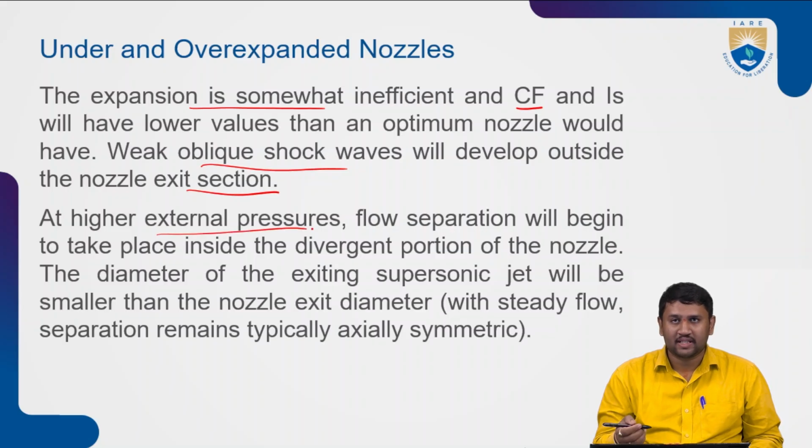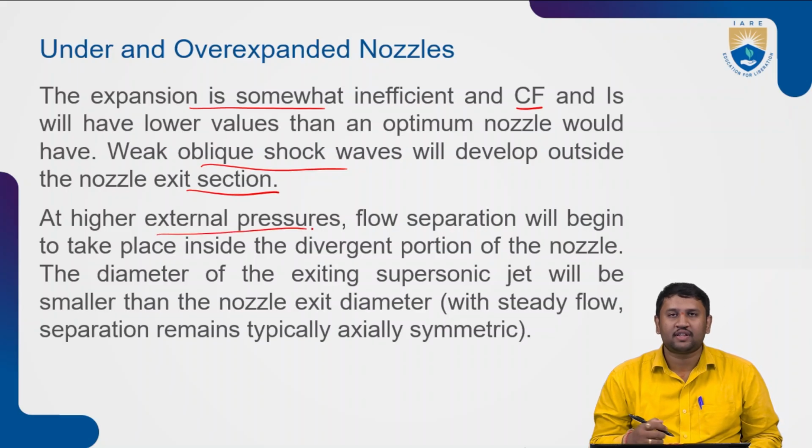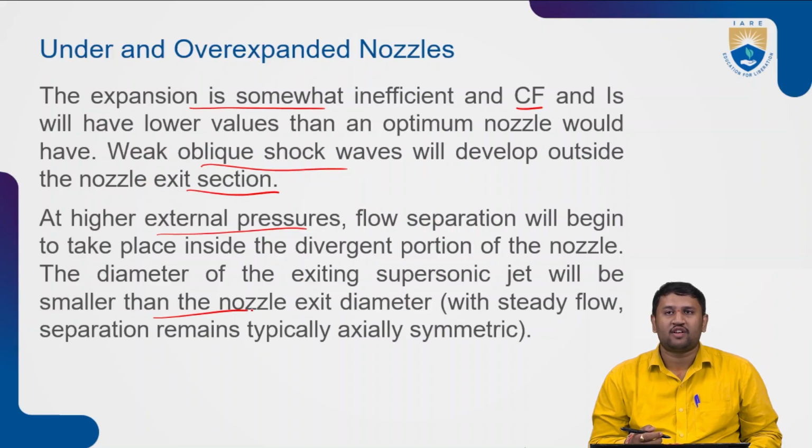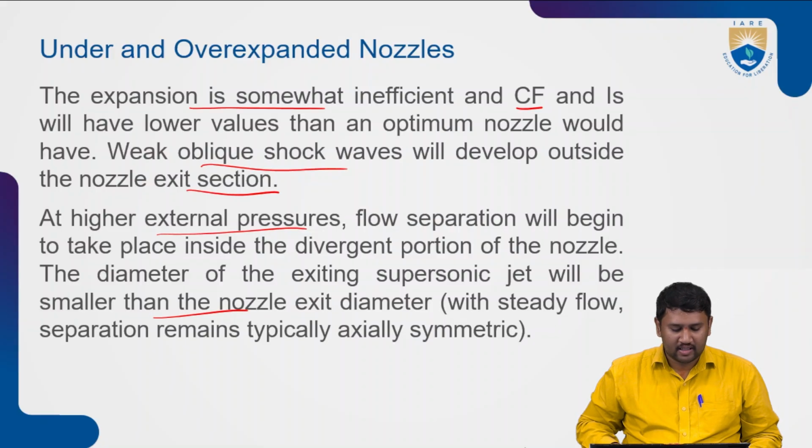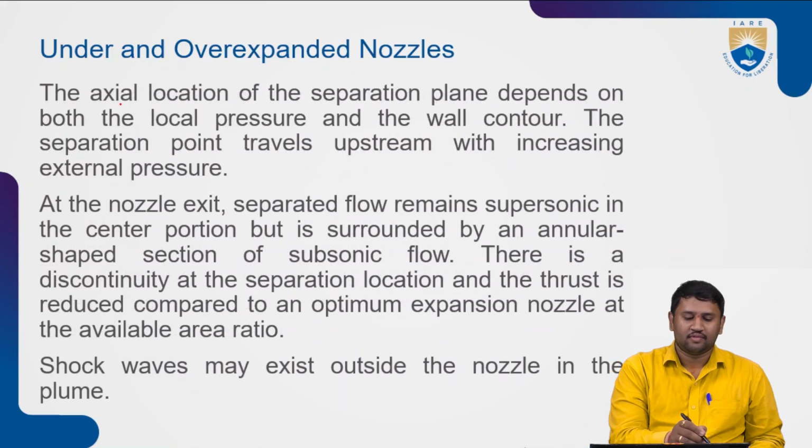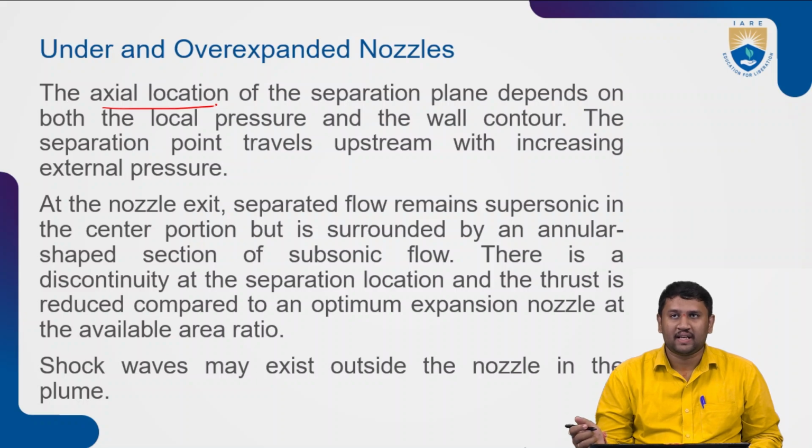At higher external pressures, the flow separation will begin to take place inside the divergent portion of the nozzle. The diameter of the exiting supersonic jet will be smaller than the nozzle exit diameter, with steady separation that typically remains axially symmetric. Now, the axial location of the separation plane depends on both local pressure as well as the wall contour.